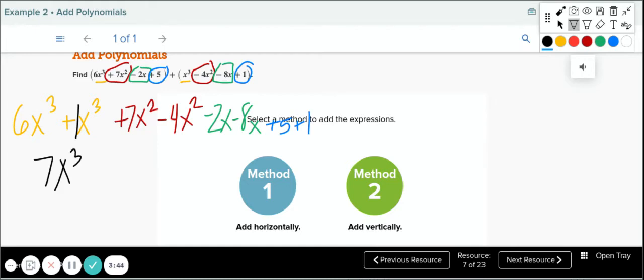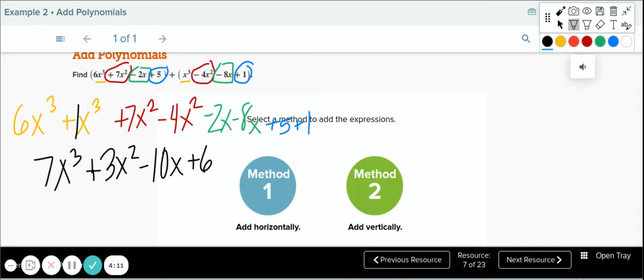Positive 7x squared minus 4x squared is a positive 3x squared. Negative 2 minus 8, so we have negative 10, and it's an x term. And then positive 5 and positive 1, we get positive 6. So that is your horizontal method.